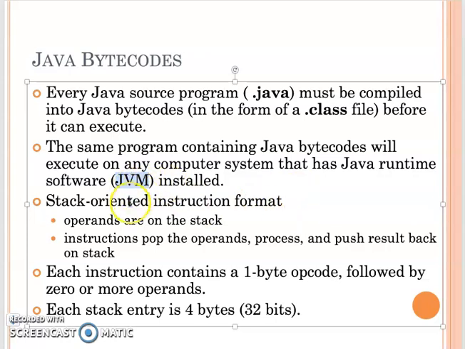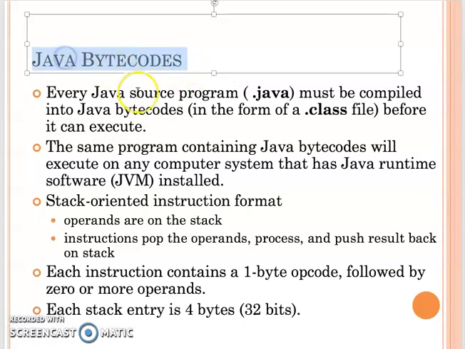When I want to run on the Mac system, I need another JVM, another translator, which translates this class file into machine code for the Mac system to understand. So that's the Java bytecode file. That's why Java became so popular in the late 1990s. Not only the GUI, the most important thing is that they are platform independent.